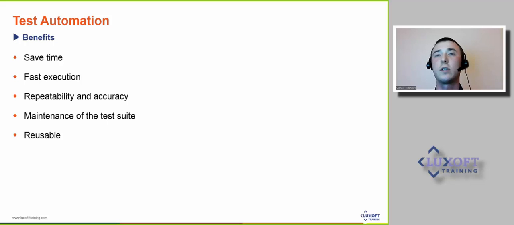But in case of test automation, when the application was changed, after our tests are run, we can see that our automation test will be failed, red, and we can see and correct our automation test, so it will be always updated. And our automation tests are reusable, so we can run them in every moment, as I said. So big suites like regression suites we can run at night.